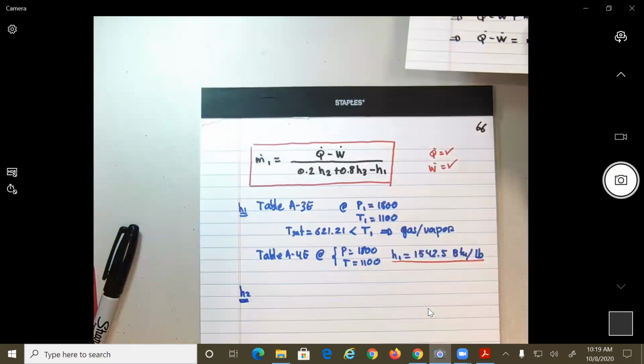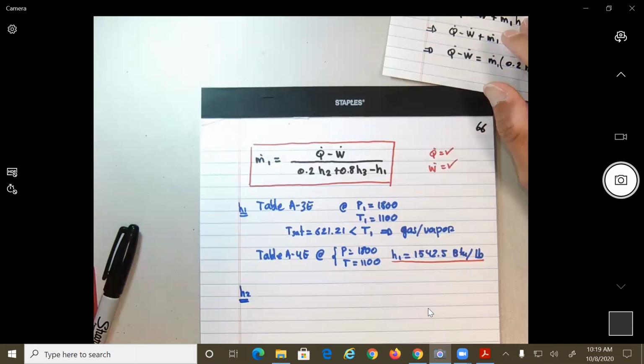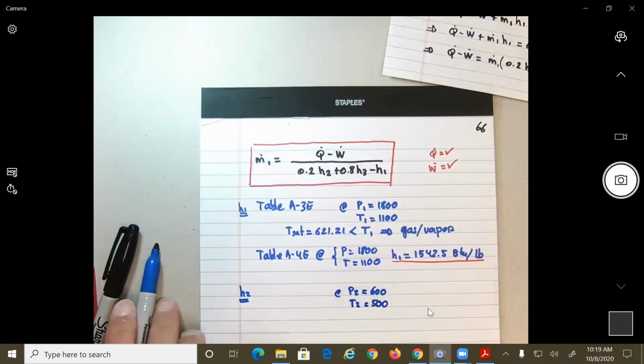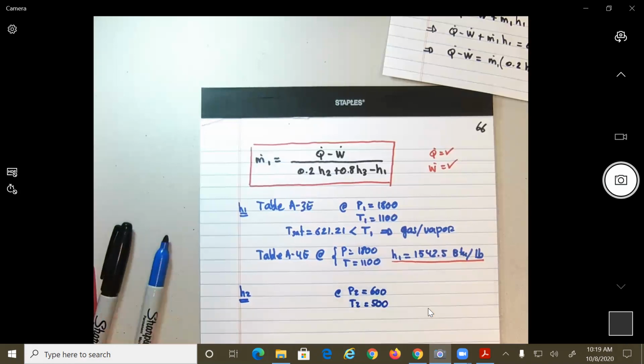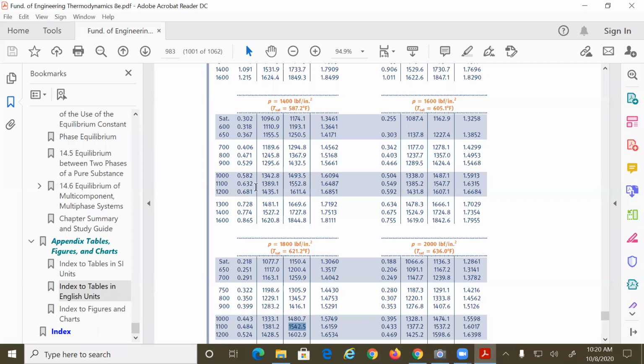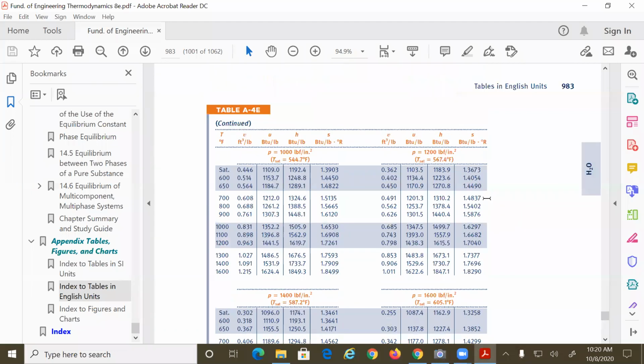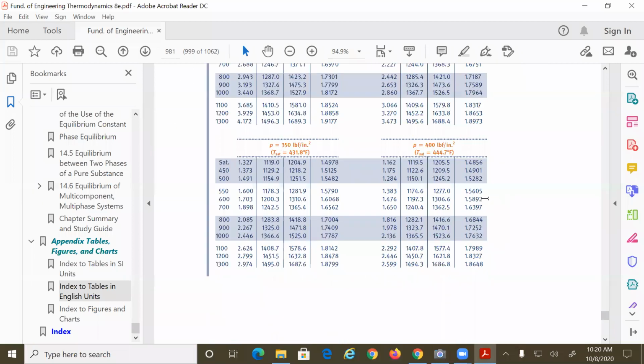So we say at state 2, we know that at P2 equal to 600 and T2 equal to 500. Let's see what would be the state. So we can go again to table, I guess, A3E. We can almost get it from here as well, but let's go to table A3E. I think it's always the easiest.